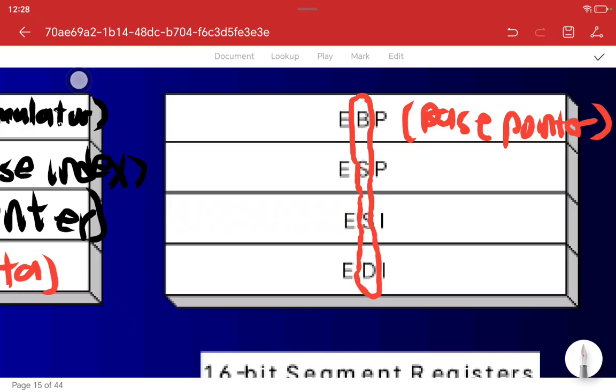Now, what the base pointer does, this one will be used to point to the base of the stack frame. So we'll also focus on what the stack frame is. Also, this one will help to access certain things.